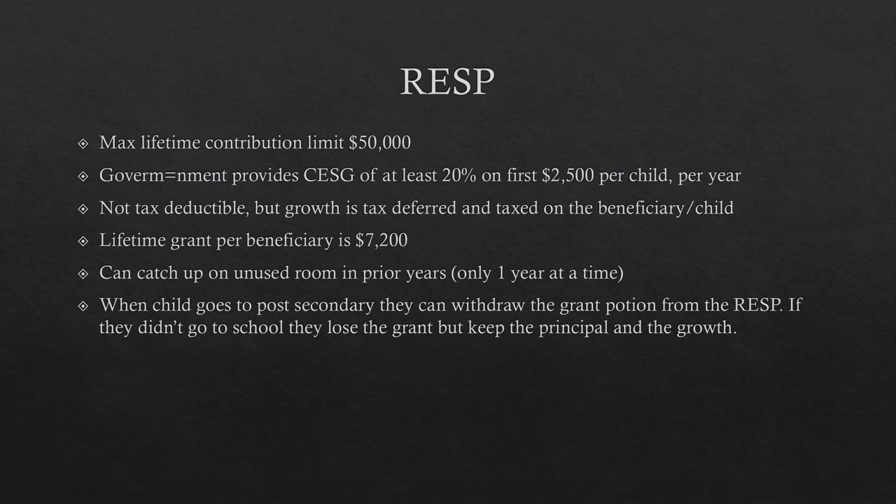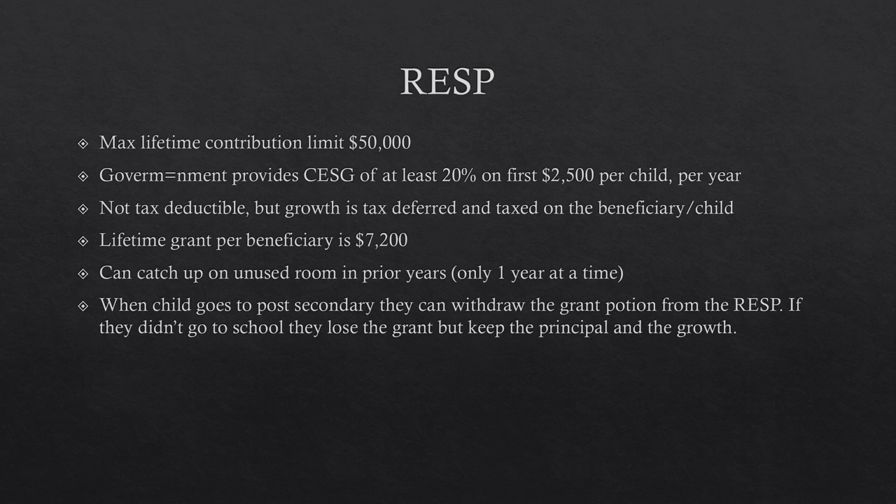So if you do put $2,500 in, the government gives you $500 of grant. It is not tax deductible. So basically, you are using after-tax dollars to contribute to the RESP, but the growth is tax deferred, and it's actually taxed on the beneficiary, the child, when it does come out.